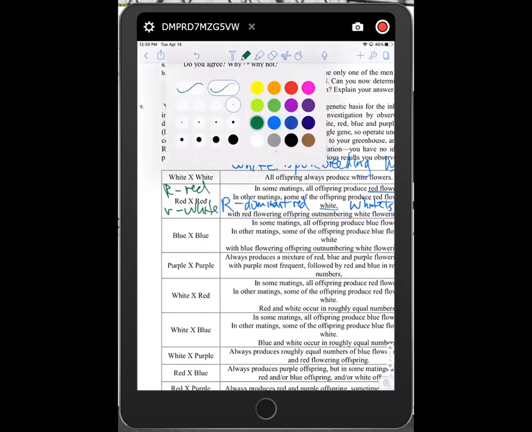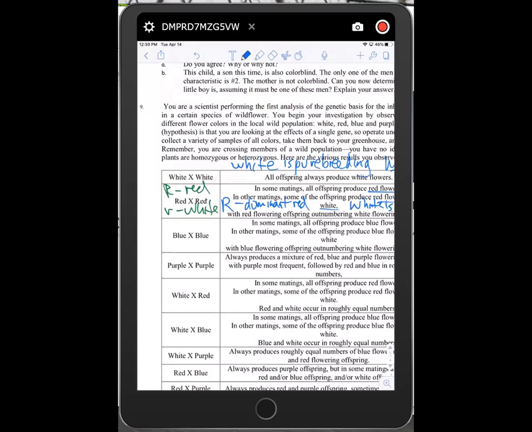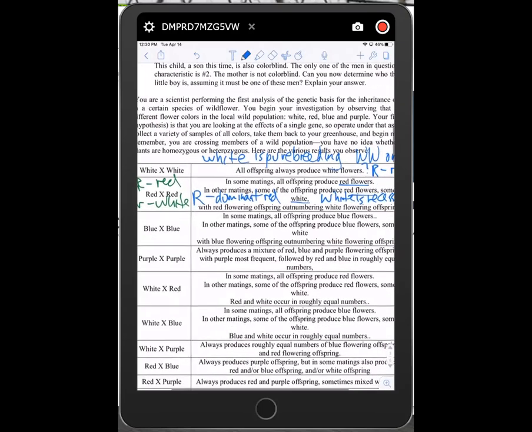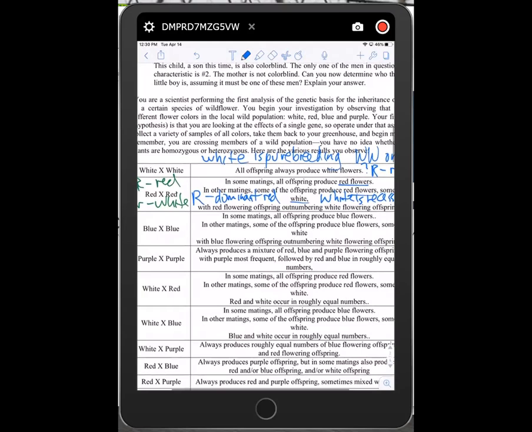All right, let's go back to blue. All right, what about blue? In some matings, all offspring produce blue flowers, so all blue. In other matings, some of the offspring are blue and some white. Okay, so what do we see here? Blue is dominant, okay? Blue is dominant. So maybe we use a big B for that.